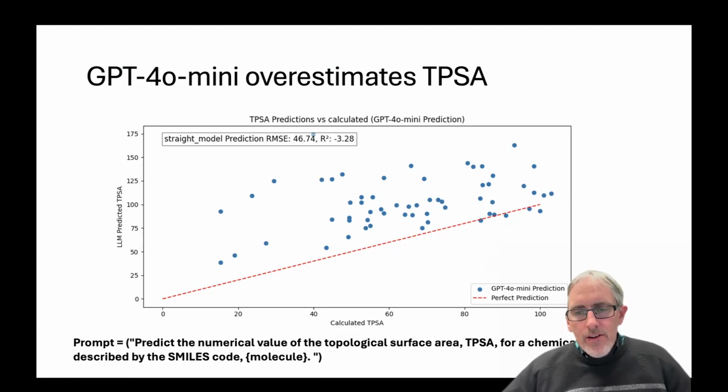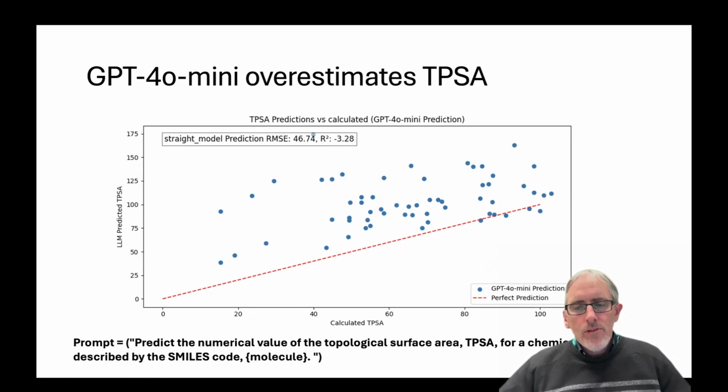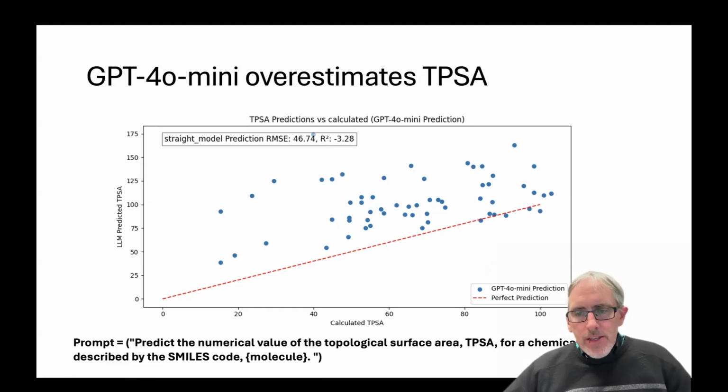The idea is that it would be possible to improve upon the base functioning of the LLM. And in this case, the base functioning of the LLM is poor. When given a set of SMILES codes for molecules, the root mean squared error is 46.74 for making predictions. The majority of these are well over the actual calculated TPSA value, and none of them really fall on the accurate prediction line.